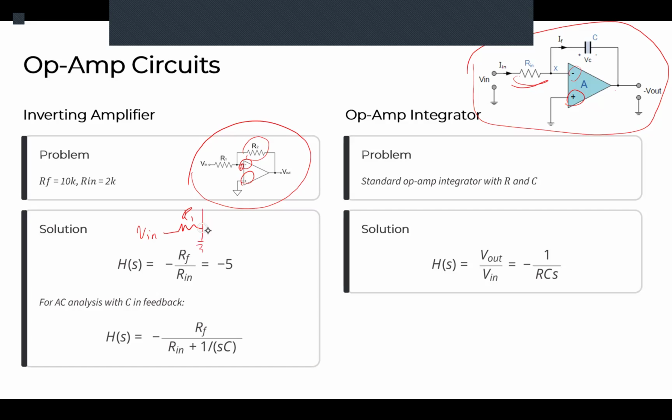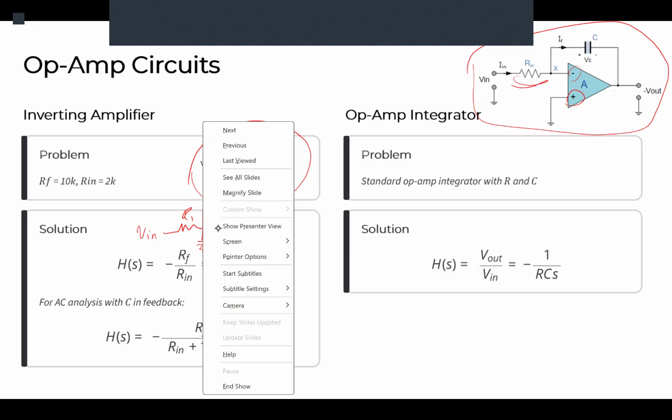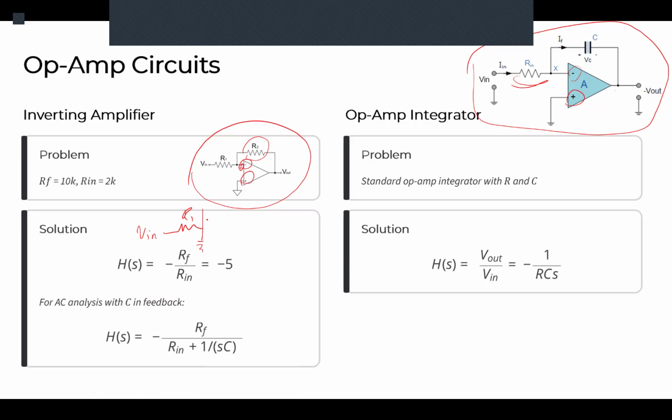Then we have R2, and we have our V out. So whatever current goes to R1, the same current goes to R2. Are we good?